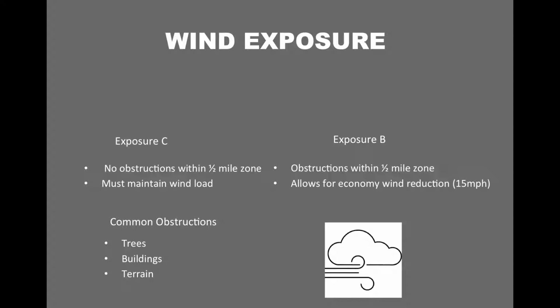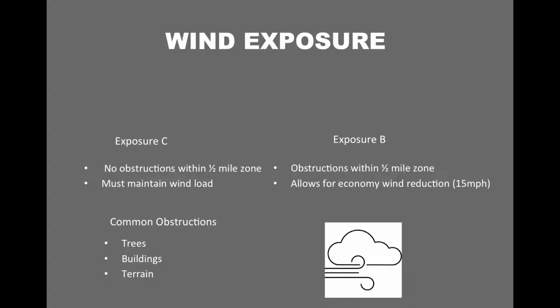So wind exposure basically is a way for an engineer to design your building, or I guess use a more economical design on your building if there are things that can block the wind.